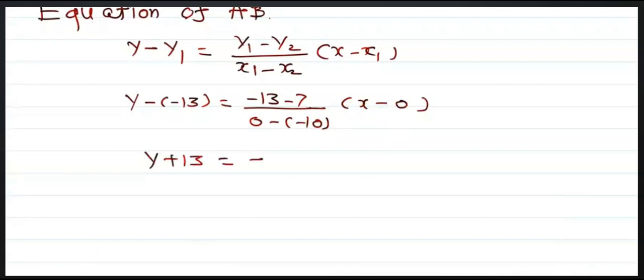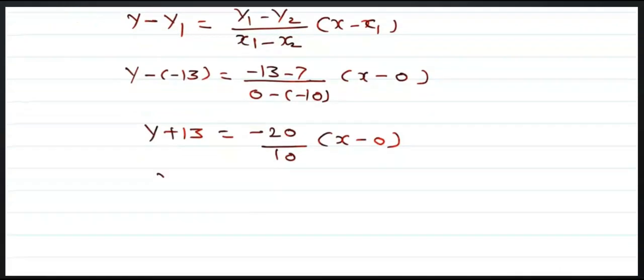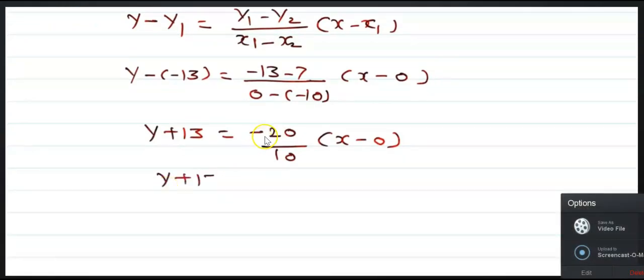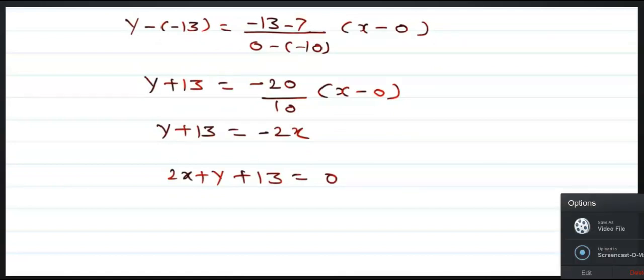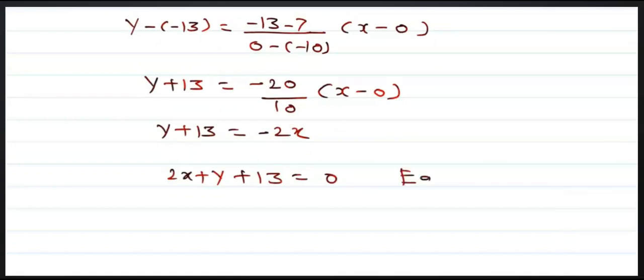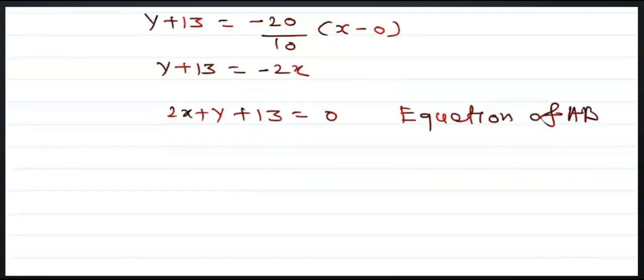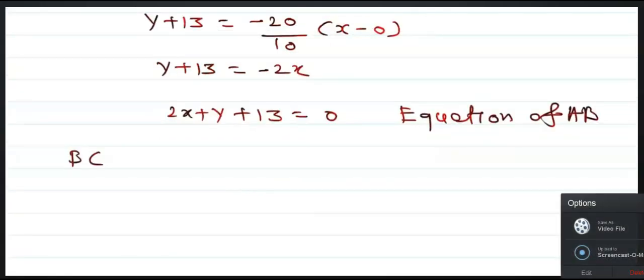Now we'll simplify this. y plus 13 is equal to minus 20 upon 10 in bracket x minus 0. Therefore, you will get 2x plus y plus 13 is equal to 0. This is the equation of AB.